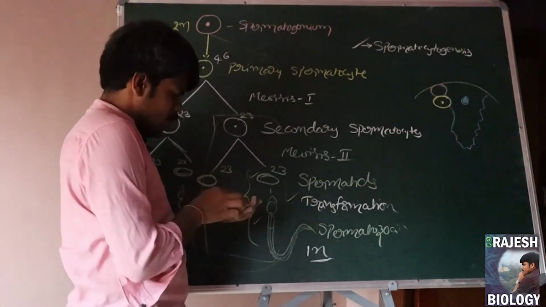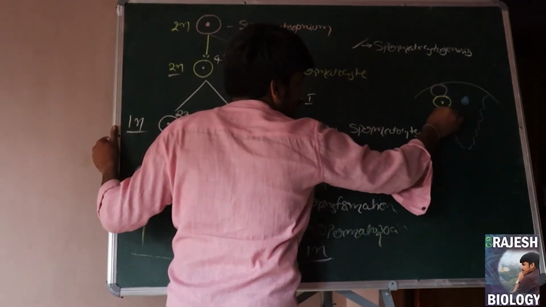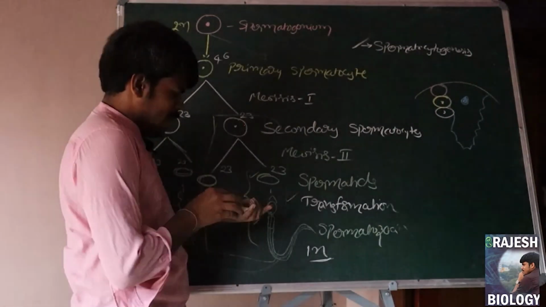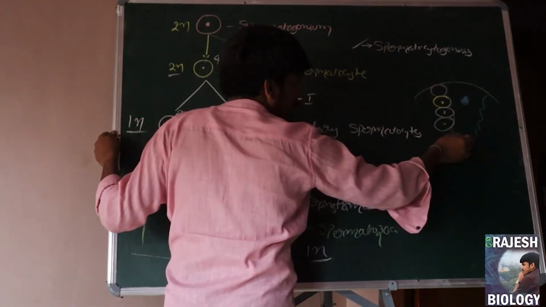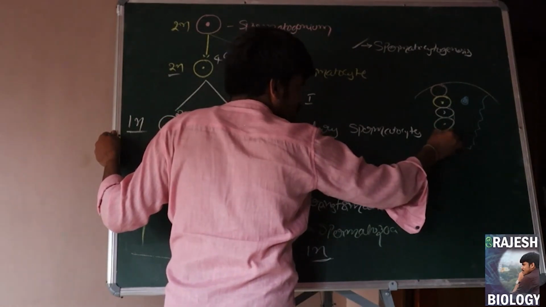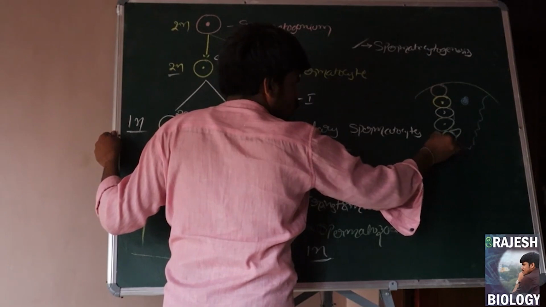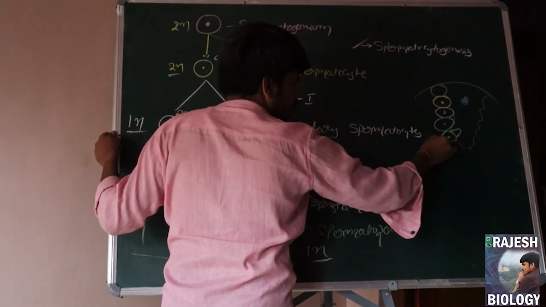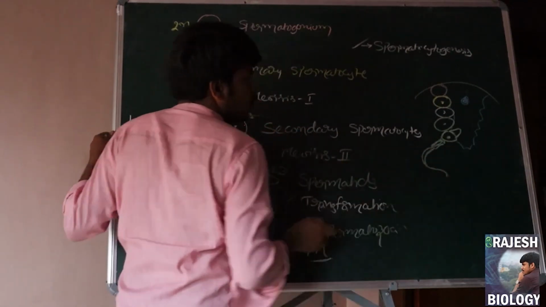This primary spermatocyte forms secondary spermatocytes. The secondary spermatocyte forms the spermatid, and the spermatid is transformed into the spermatozoa. This is called spermatozoa.